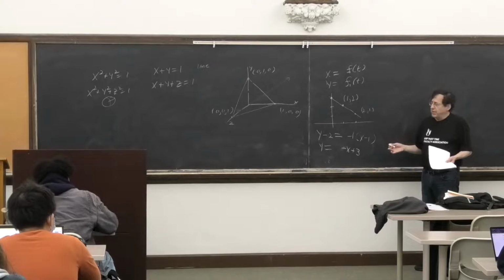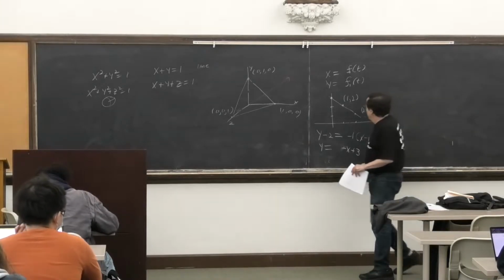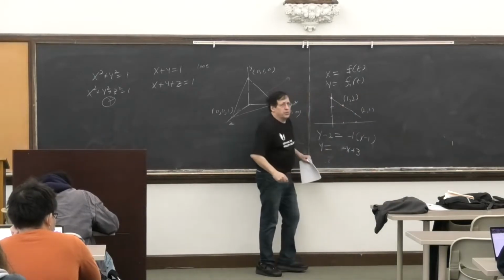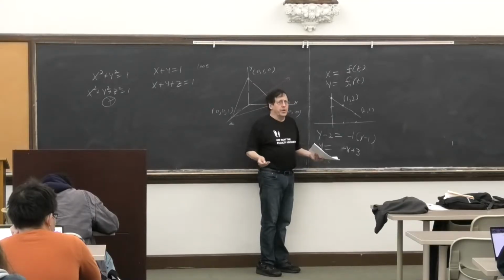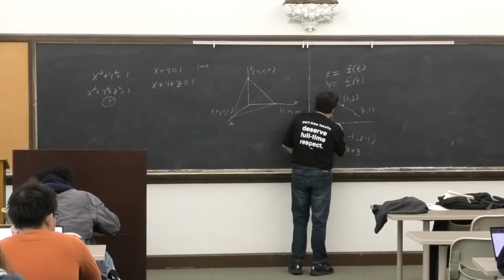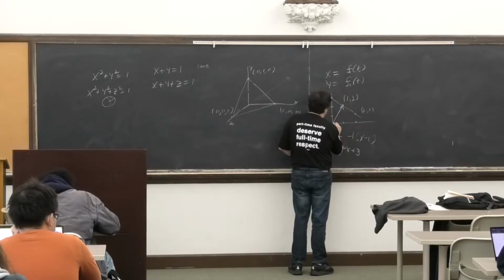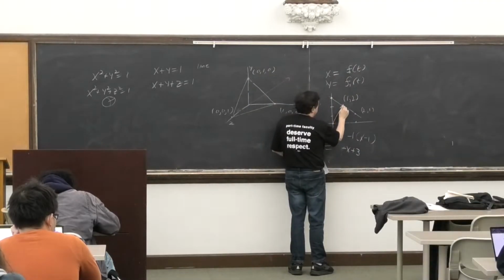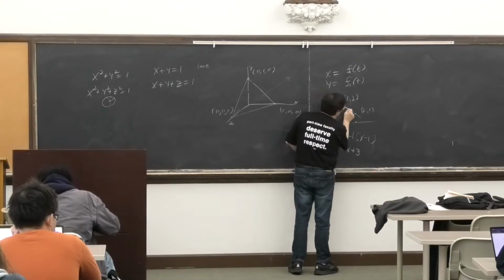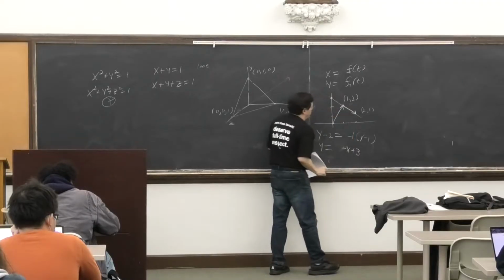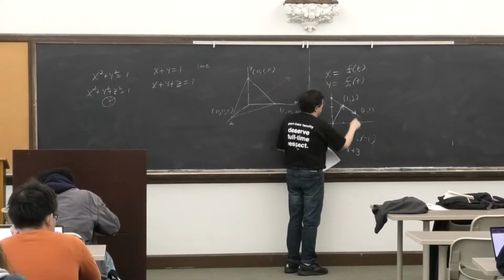But there's another way to think about this. And now we're going to come back to our discussion on Tuesday of vectors. We're going to think of this as a vector going from the origin to the first point. And then we have a vector connecting this point and this point.